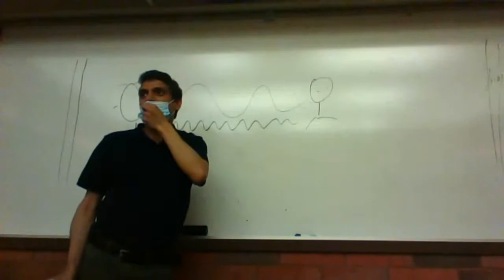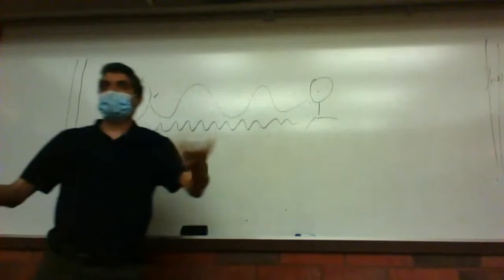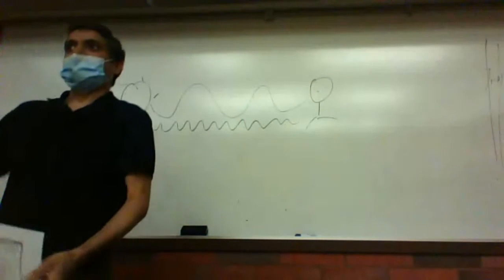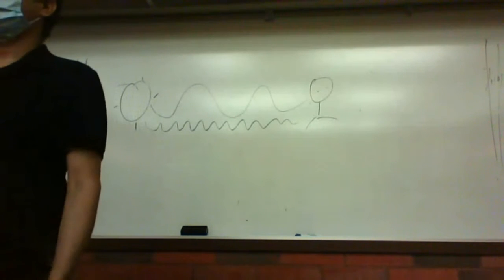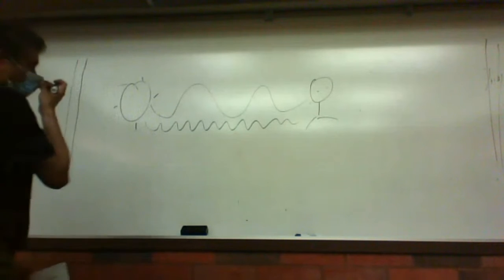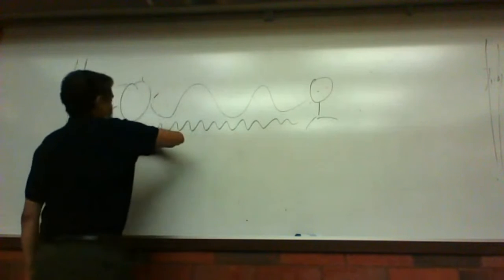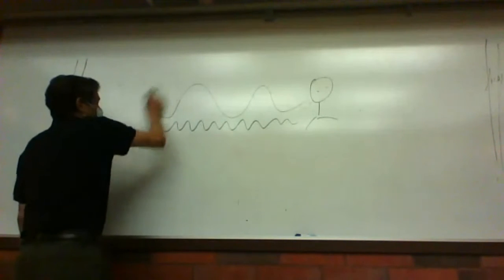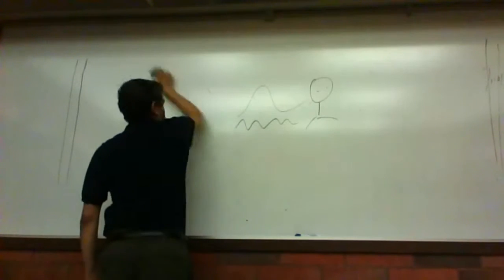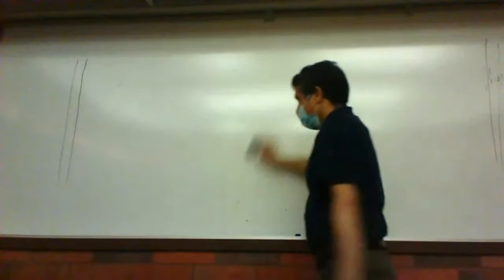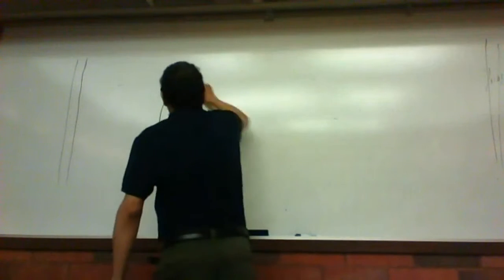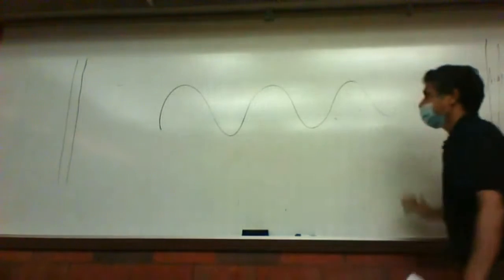I'll talk about that. The heat and light come at the same time. If you switch on something, the heat and light come at the same time. So this kind of energy travels in waves like this.